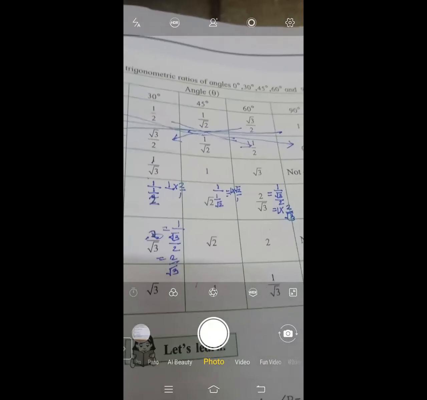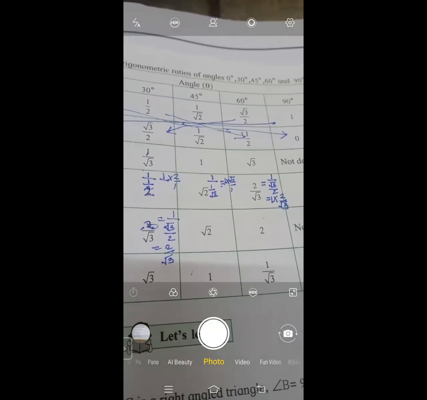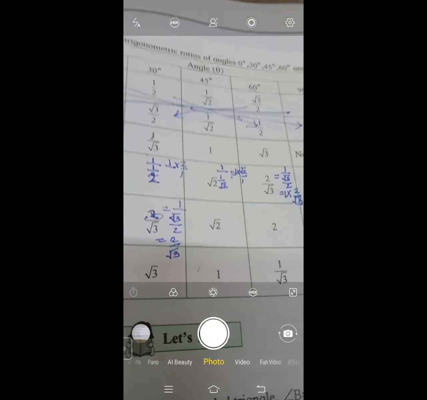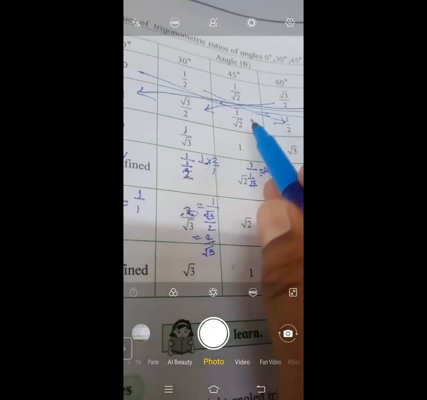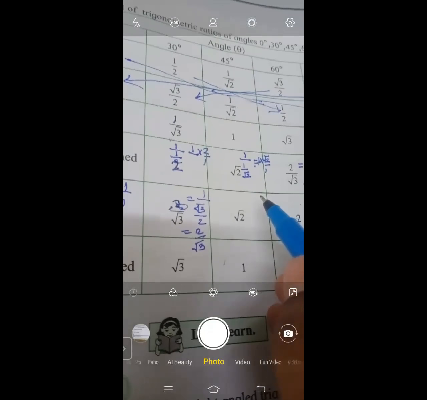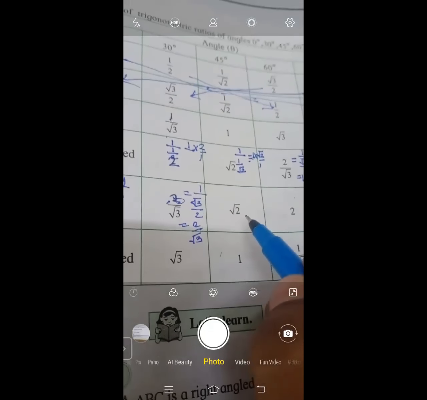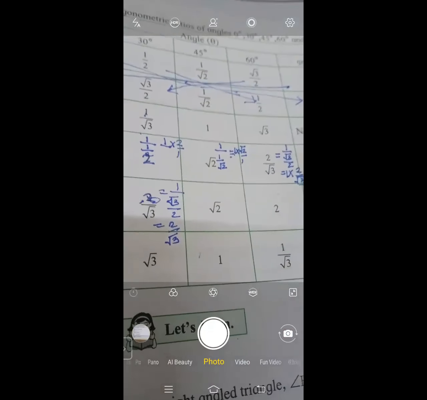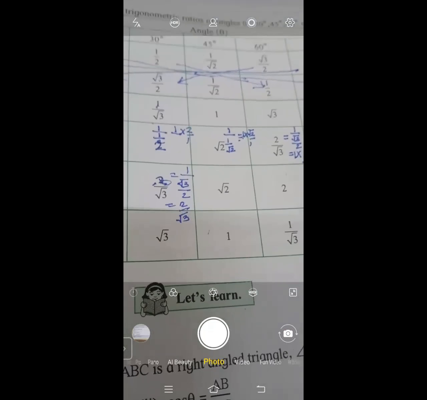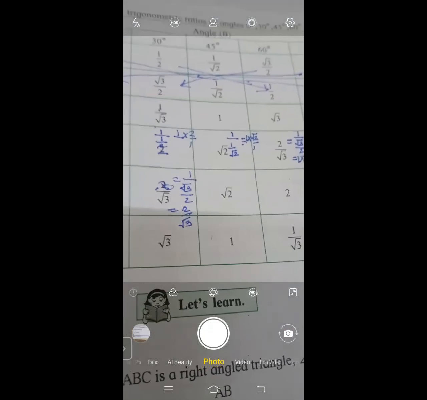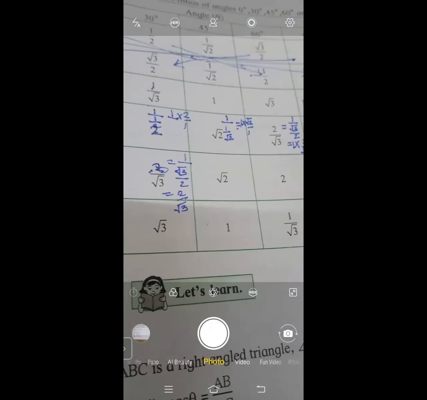Sec 45 degree is 1 upon cos 45 degree. Cos 45 is 1 upon root 2. The reciprocal of 1 upon root 2 is only root 2. It will become root 2 divided by 1. As 1 is there in the denominator, we are not mentioning it. We are just writing the numerator, which is root 2.